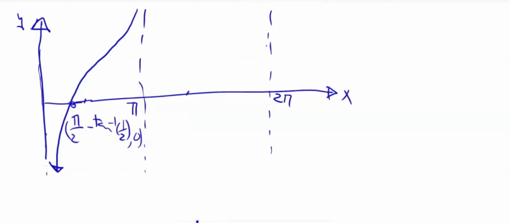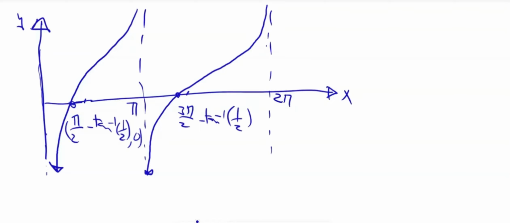That's better. Not touching the asymptote, but getting closer to the asymptote. So that is 3 pi over 2 minus tan inverse a half. And this example was 2 tan(x plus half pi) plus 1. That's what the equation was. It has a horizontal translation and a vertical translation.